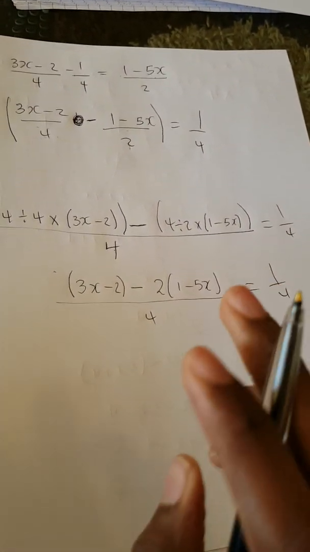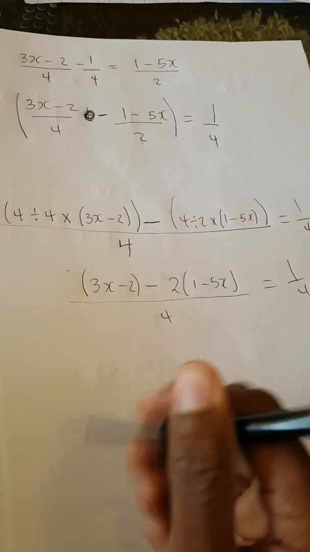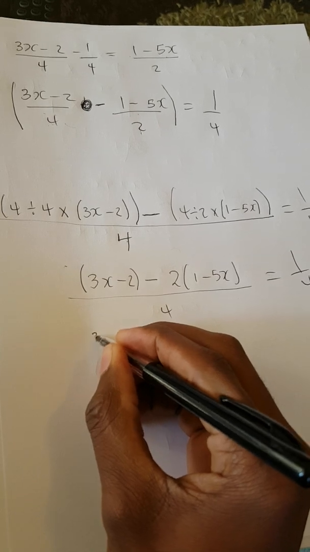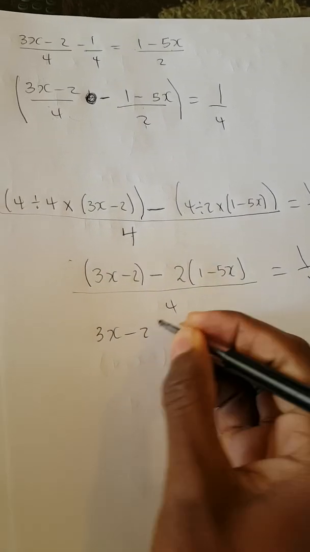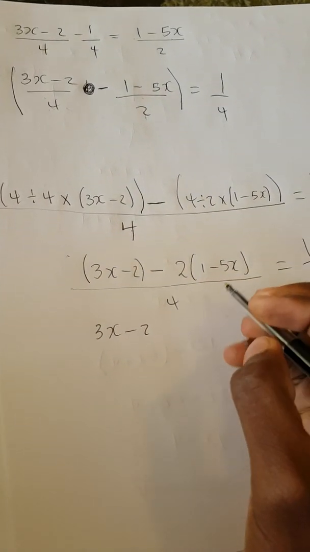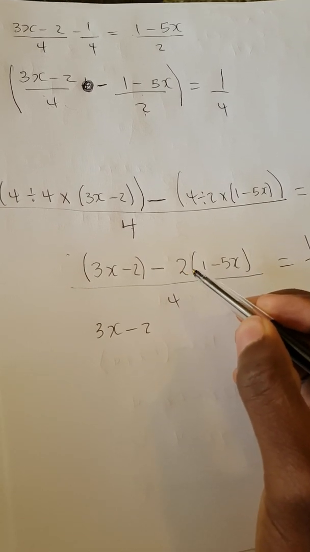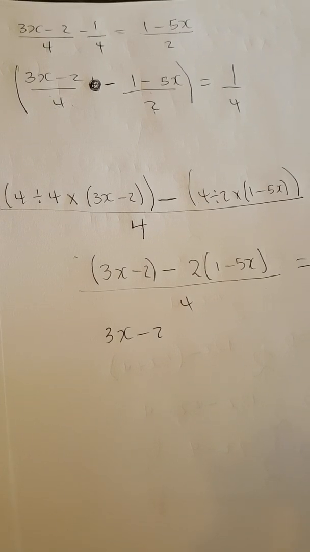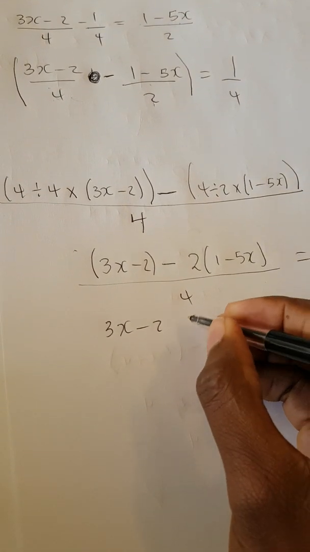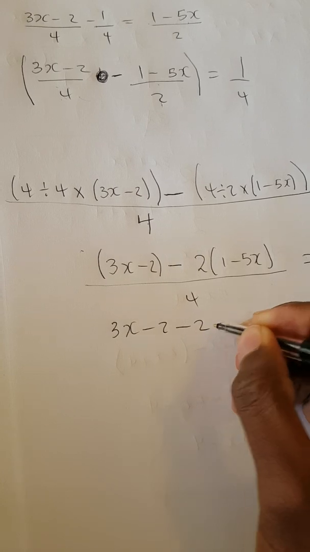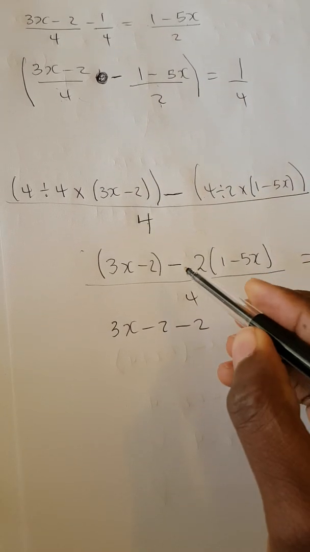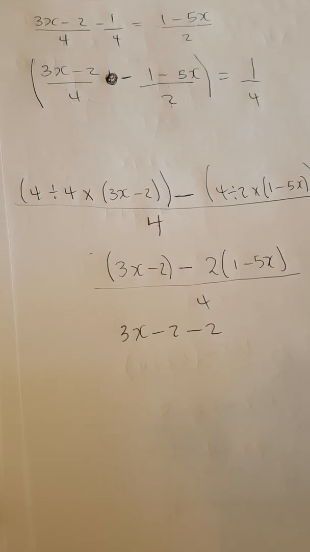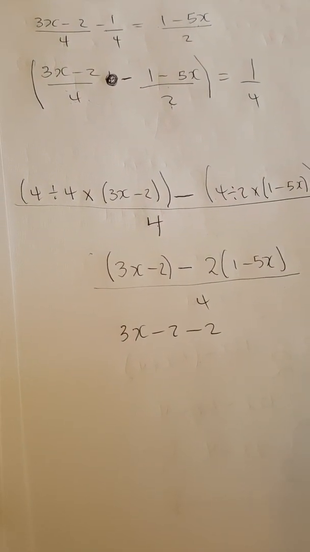Now we need to simplify these brackets, so it's going to be 3x minus 2. So okay, here we're going to say 2 times 1, what will you get? Okay, so we'll get minus 2, and then negative 2 times 5x, what will you get?